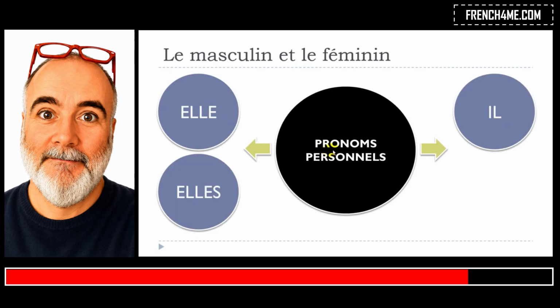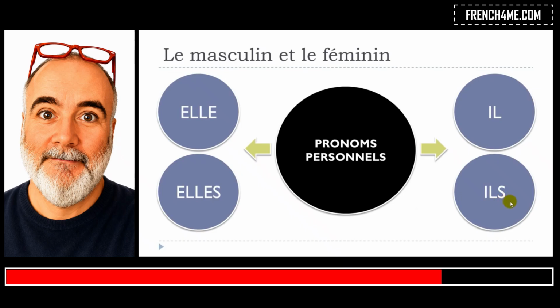When it comes to the plural, actually in French we also have the difference between the feminine and the masculine. So basically here, elles, it's the feminine plural form, okay? And then in the same way here, ils will be the masculine plural form.